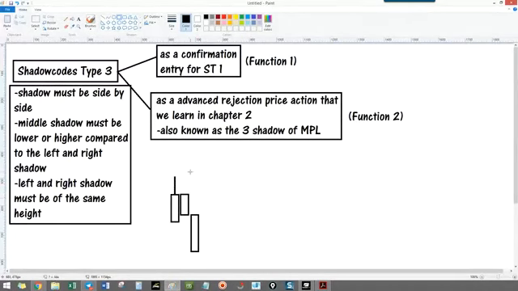One, two, three. Or it can also be like one, two.